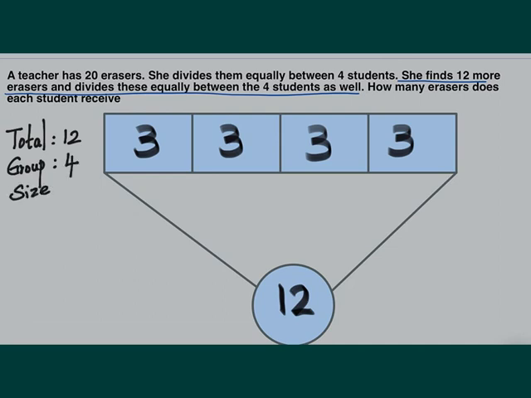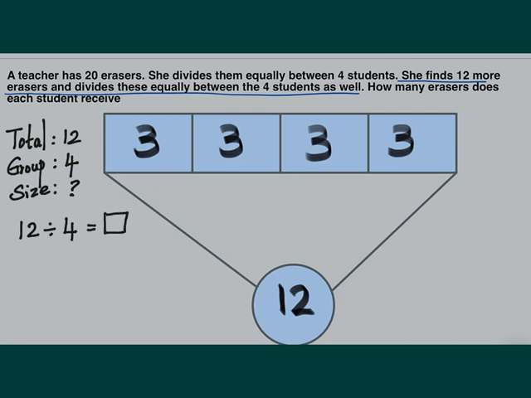What we don't know is how many erasers each student gets. So size is something that we have to find. So again, we are going for a division equation. The division equation is 12 divided by 4 equals what?